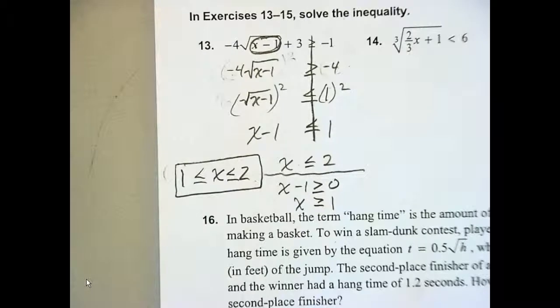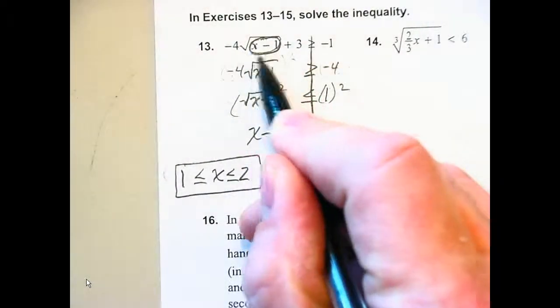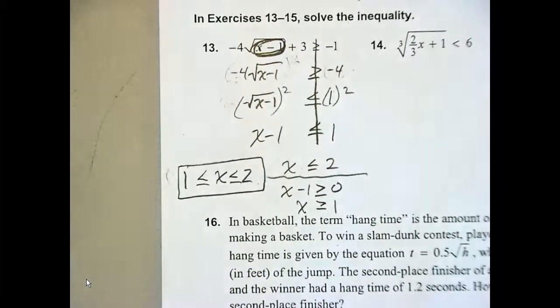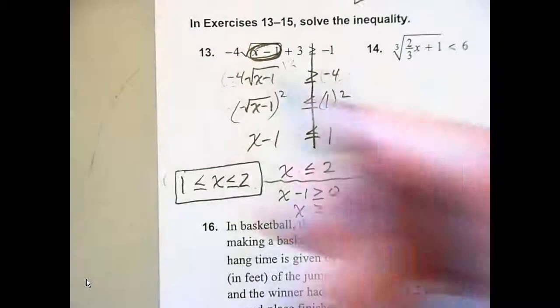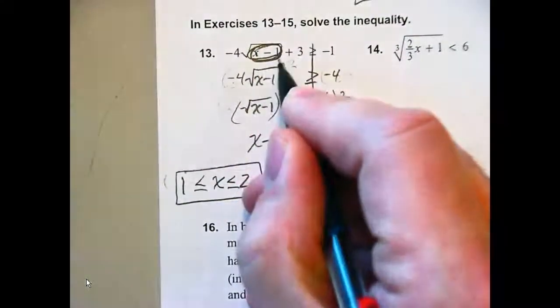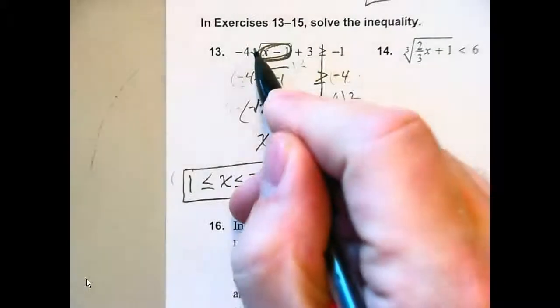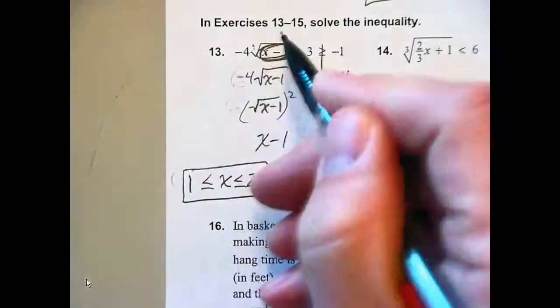Now the question is, when does this have to be positive inside the radicand? Maybe I'll change the question. When can the number inside the radicand be negative? Good.